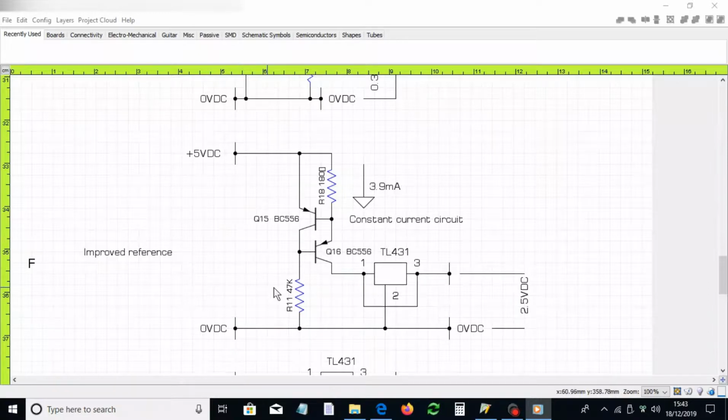This circuit I've chosen over an FET equivalent circuit, or a single PNP transistor with a Zener diode and a resistor or two resistors. I've preferred this circuit because it goes down to a lower voltage. Your reference voltage is only 0.7 of a volt across that resistor.